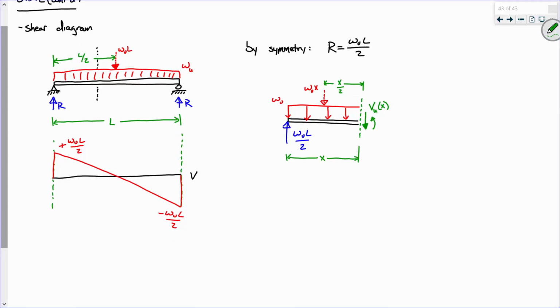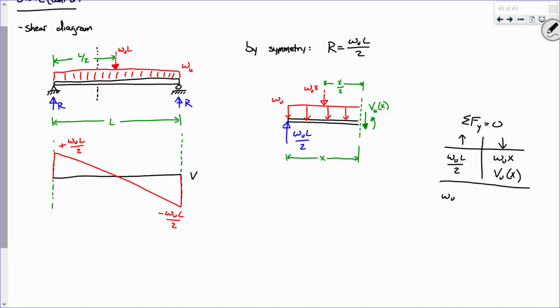All right. Summing forces in the y direction. I have WU L over 2. I've got WUX going down. I've got the shear going down as well.